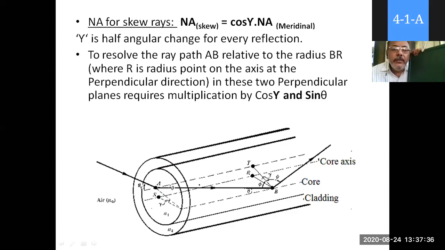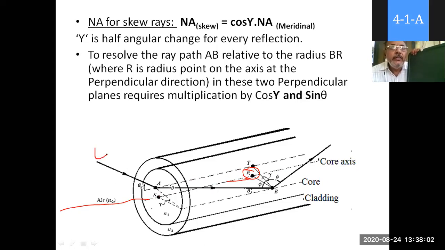See, capital R, this capital R is the radial point on the axial line. This is the axial line, you can see the core axis.